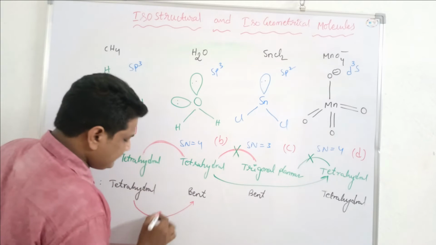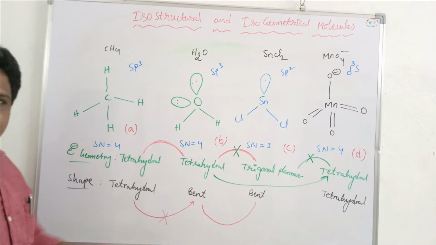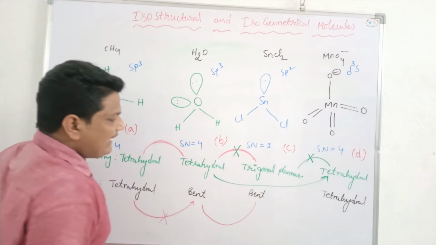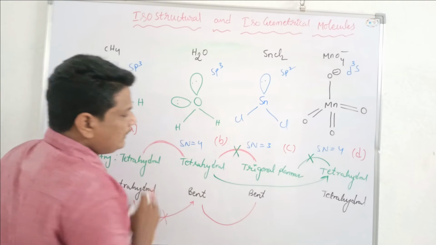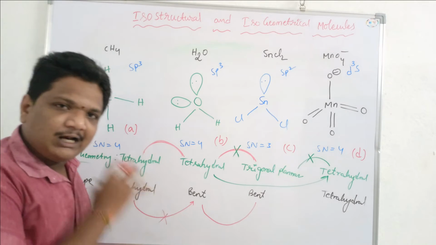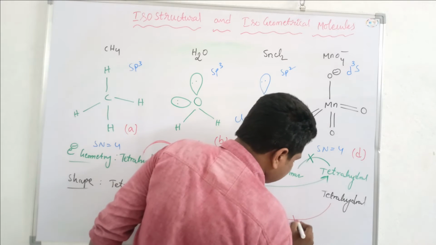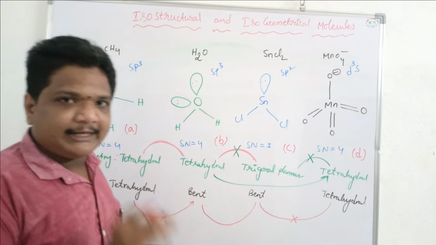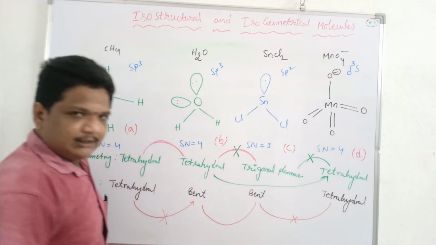Whereas B and C have the same kind of structure, so B and C are isostructural species. Now let us see C and D. These also do not have the same structure, so they are not isostructural species.